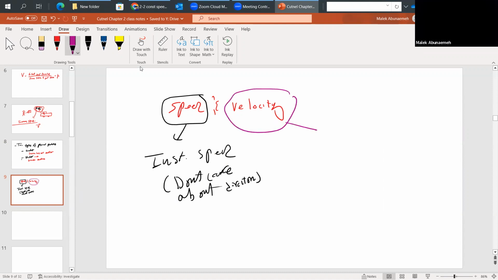With velocity, we're talking about your average velocity, and the direction matters because velocity is a vector quantity. And speed is a scalar.